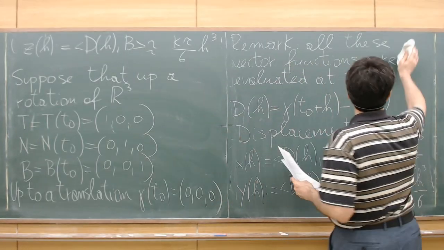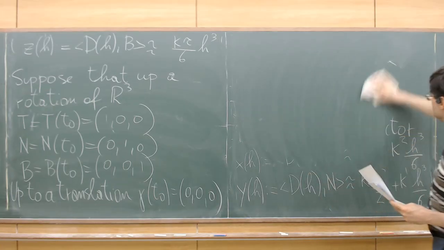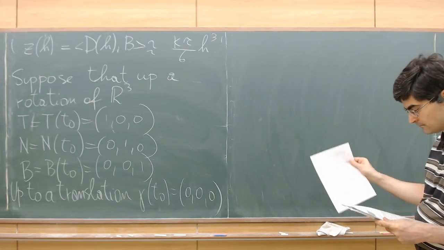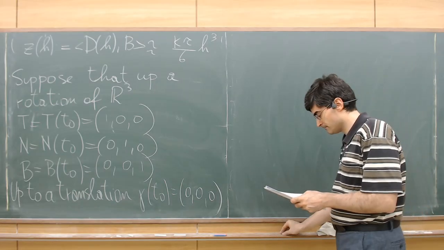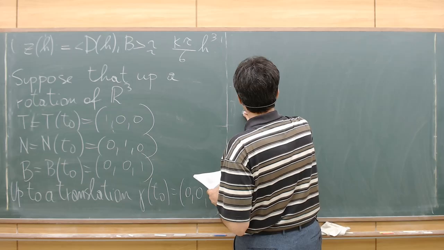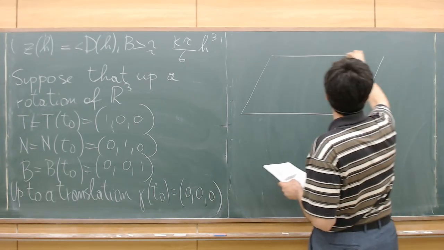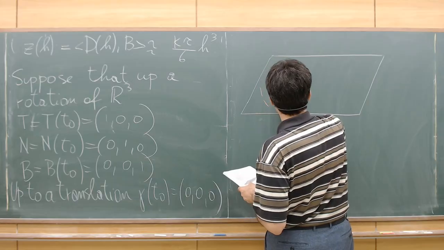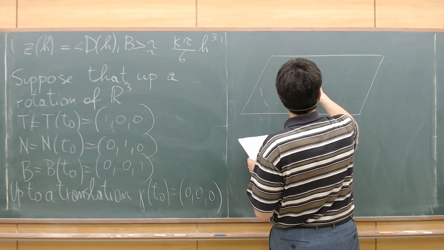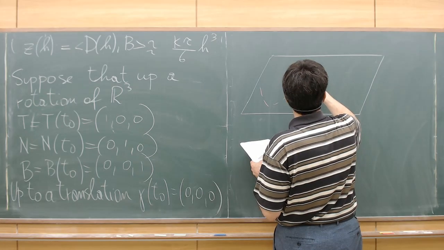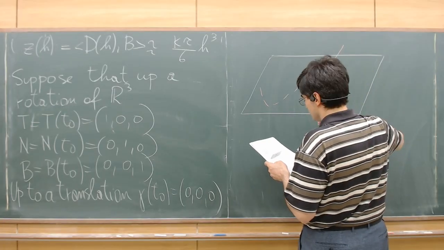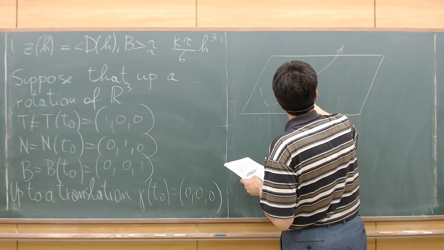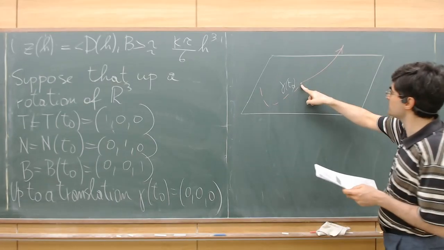And now let's try to make a picture. So this is the point gamma of t0.